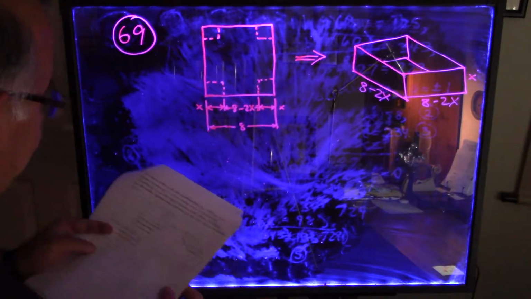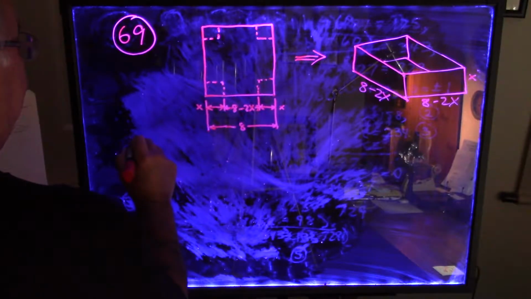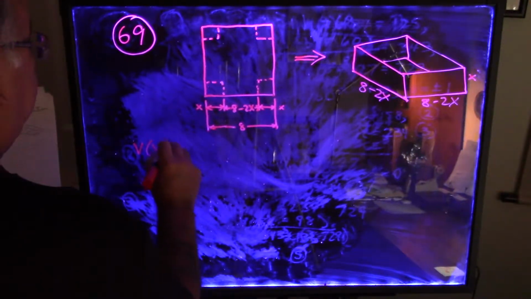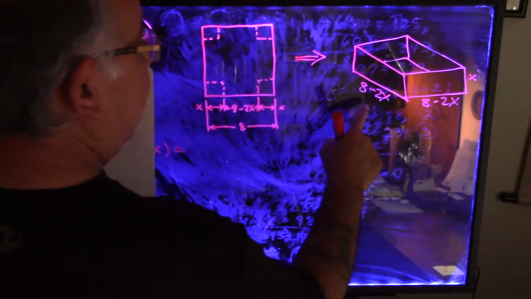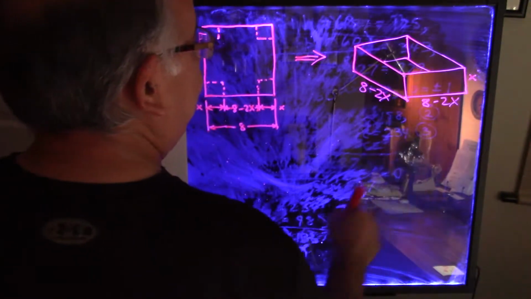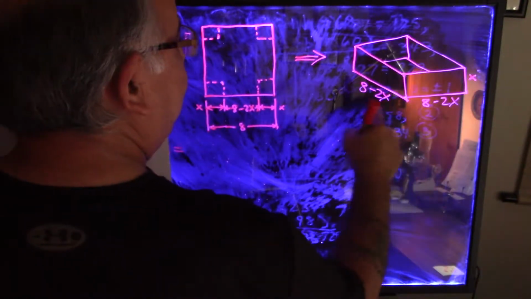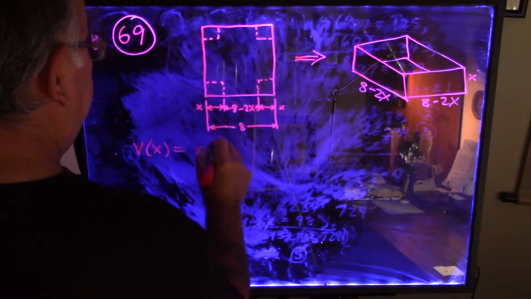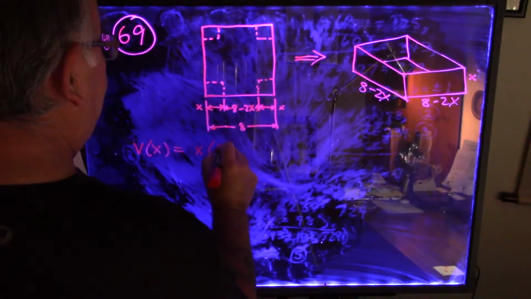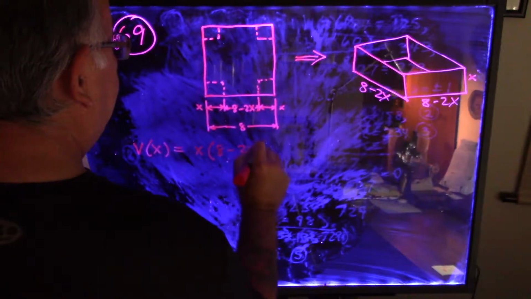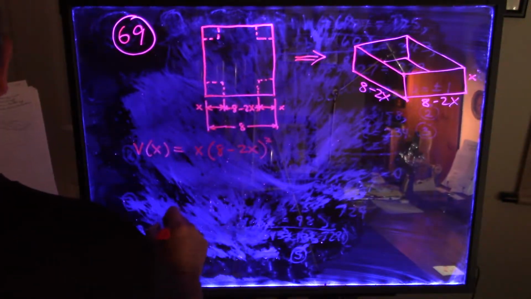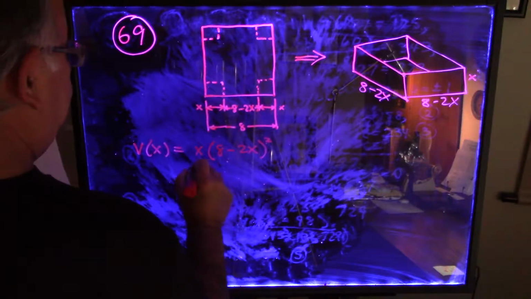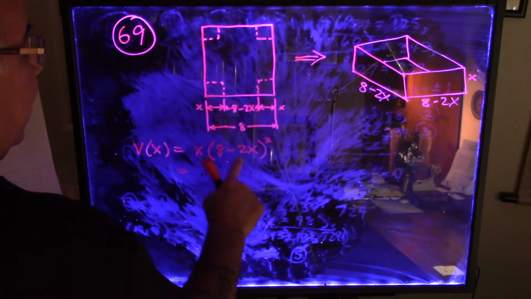Okay? So the volume as a function of x will be x times these two, right? The height times the length times the width. Okay, so x times the quantity 8 minus 2x squared. Okay, and you can square that out.